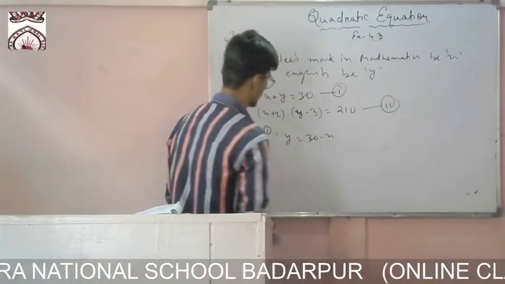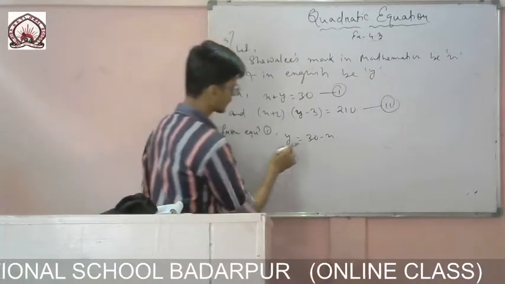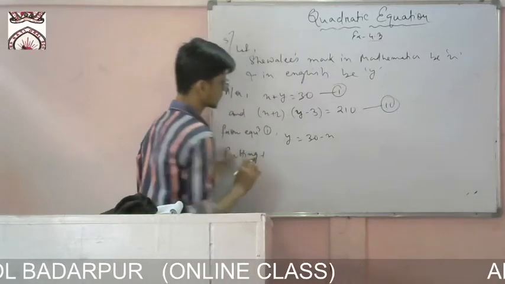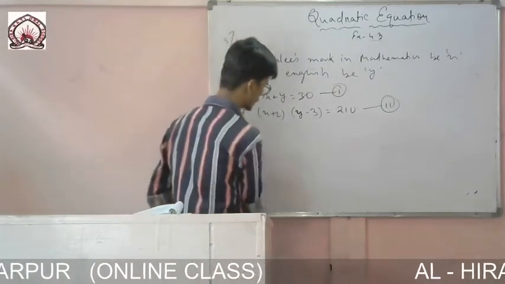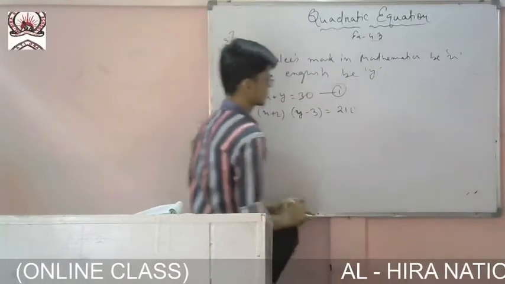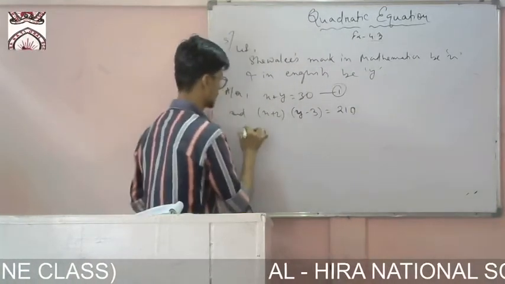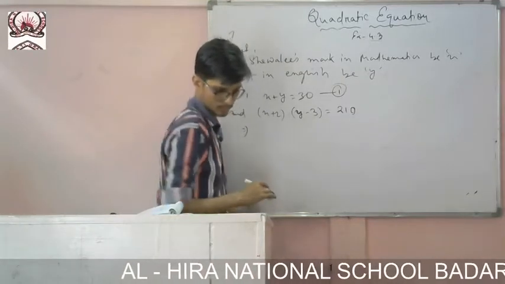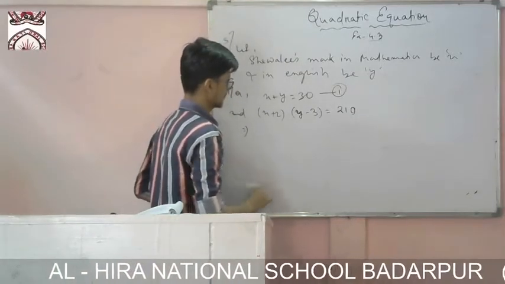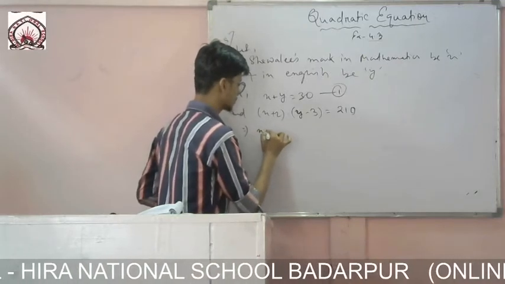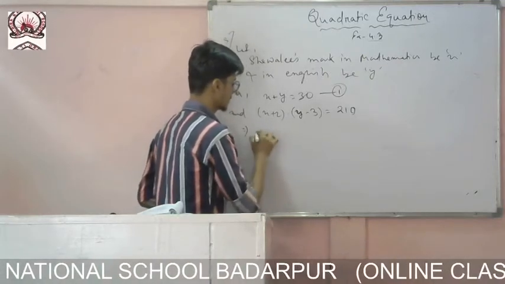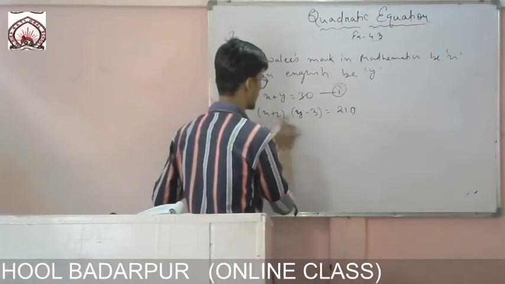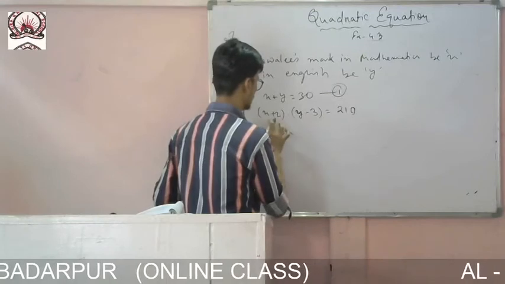Putting the value of y in equation 2. First of all, let me solve this one up, then I will write. So if I multiply it, xy, then minus 3x.